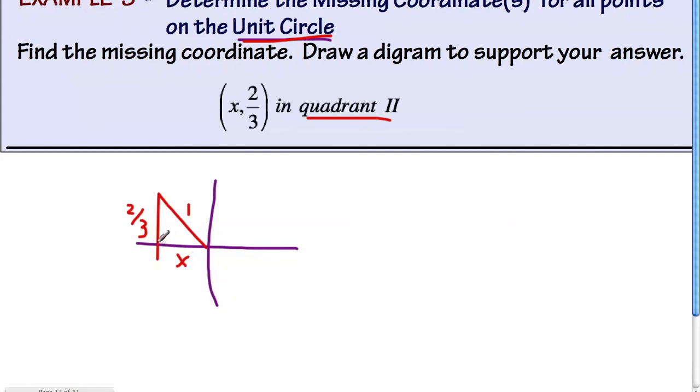So we do Pythagoras theorem. So 1 squared, because we have the hypotenuse or the c, subtract 2/3, and that's squared. That equals the x squared.